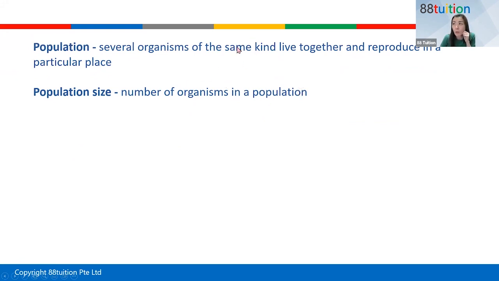They all belong to the same kind, and the group is known as the frog population. How many tadpoles, how many young frogs, or how many adult frogs there are, we are talking about the population size. Can y'all take note of this? These are important keywords.